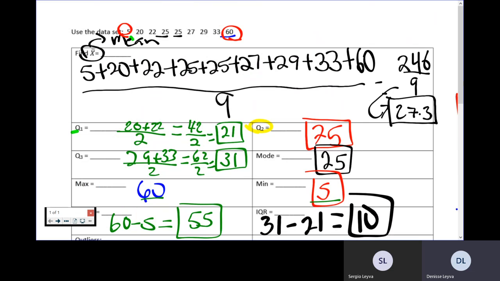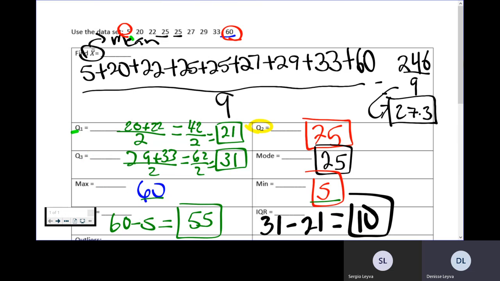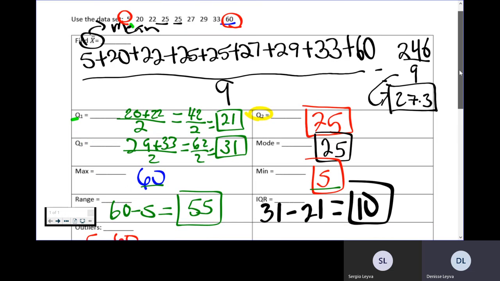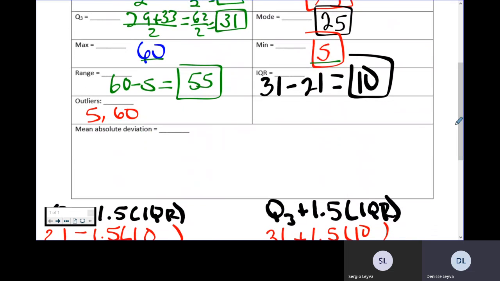And then I think the next thing you have to do is your mean absolute deviation. Now, for your mean absolute deviation, you're going to have to look at your mean. In this case, your mean is 27.3. I'm going to write that so I don't have to keep going all the way up.